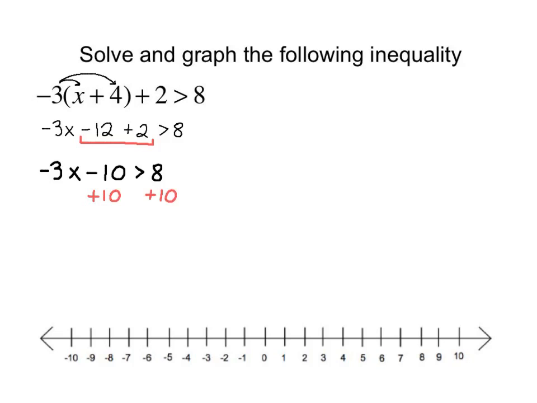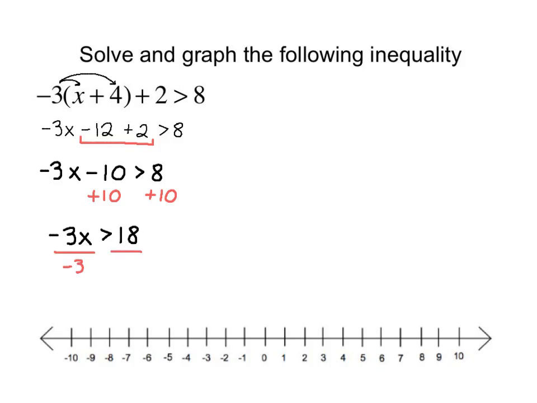And this is going to give me the new inequality, negative 3x is greater than 18. And at this point, we've almost solved for x. I need to undo the multiplication by negative 3, or in other words, I need to divide both sides by a negative 3.